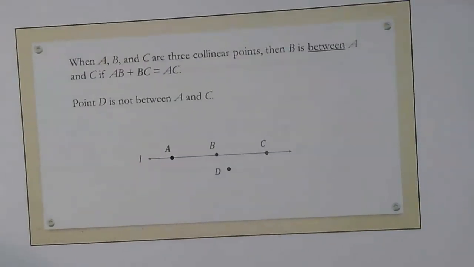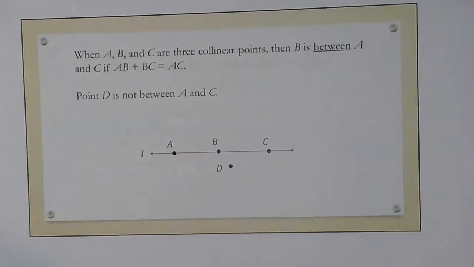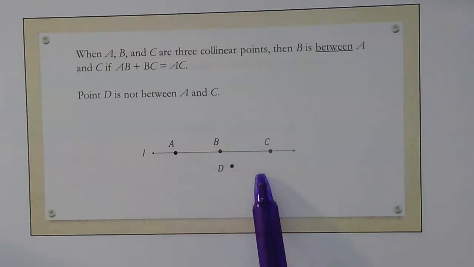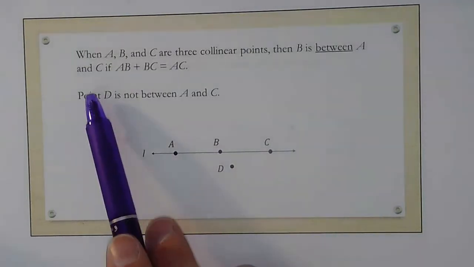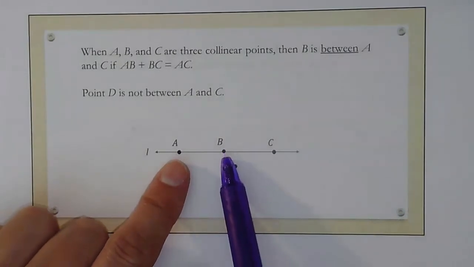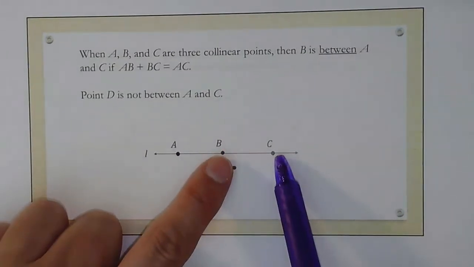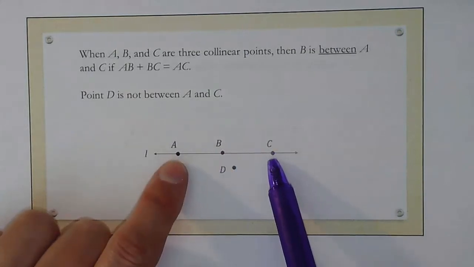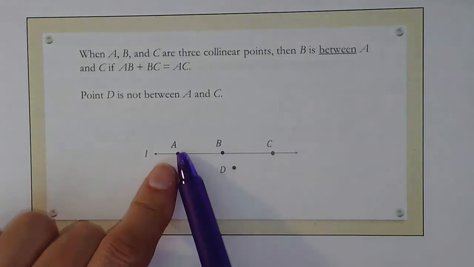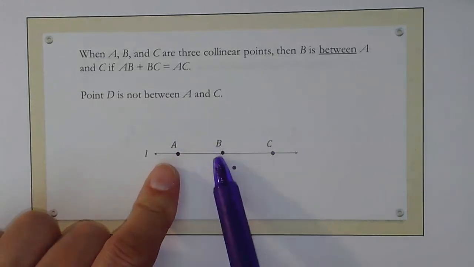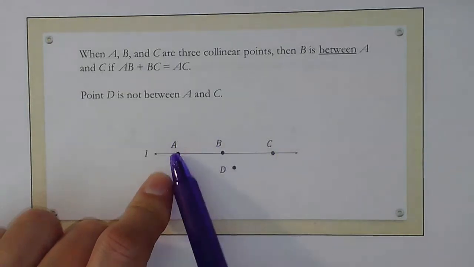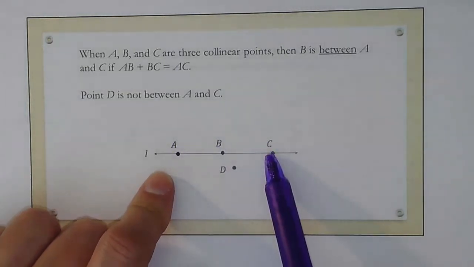Now, with A, B, and C being three collinear points, so we're looking at these 3 points, AB, the distance, plus BC equals the distance AC. So we're talking about the distance. If I take the distance between these two and I add the distance between these two, I get the distance between the further two, which kind of makes sense.